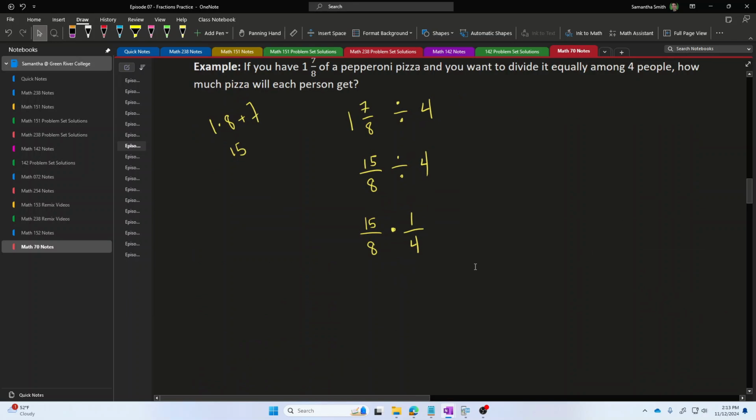Now, do you remember how to multiply 2 fractions together? When we multiply 2 fractions together, we multiply the 2 numerators, 15 times 1, and that's just 15, and we multiply the 2 denominators, 8 times 4, so that's 32 in total here.